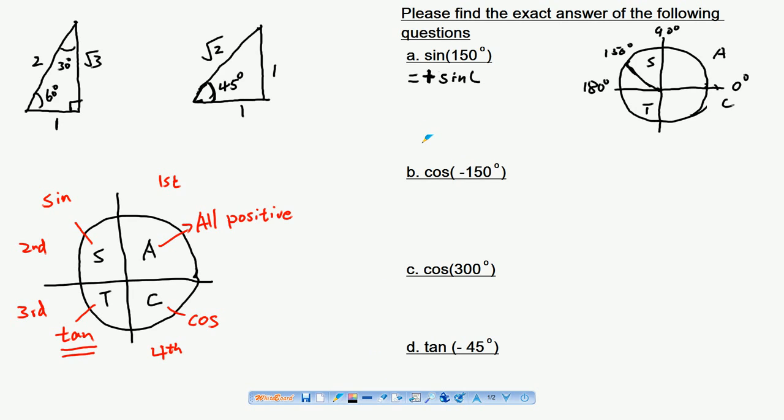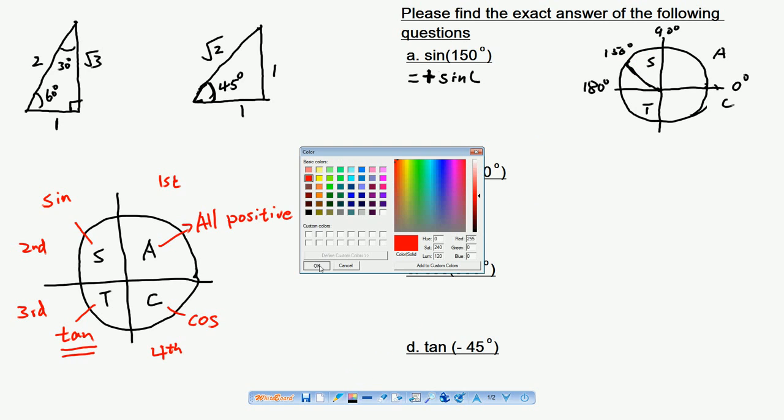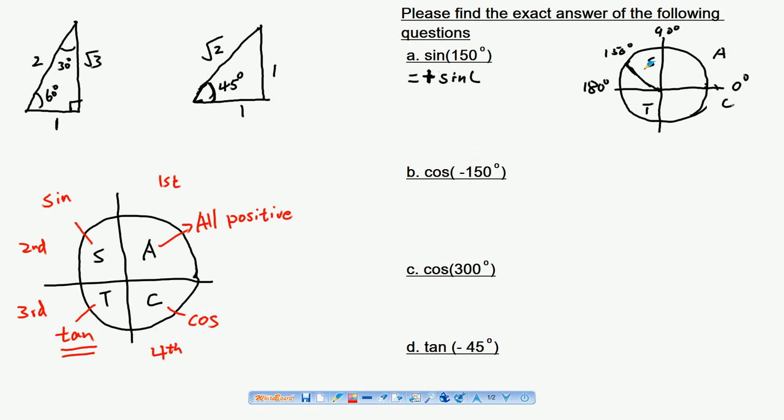The idea is we have to find the angle in our unit circle which is bounded between 150 and the horizontal line.